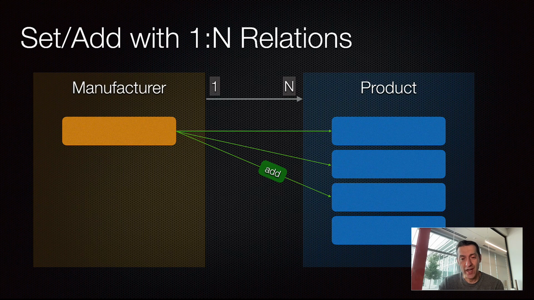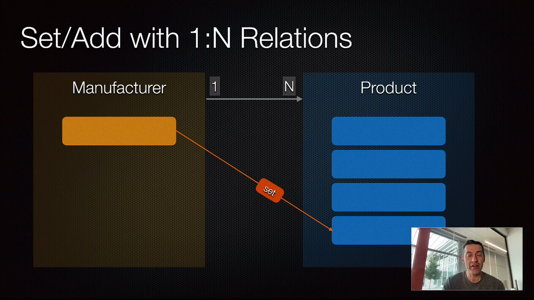Then the other API that we will take a look is the set relation API. So the set relation API technically wipes out the links that you already have in place. And then what happens as a result of setting a relation, all other relationships, they go away. The objects stay there, but the actual linkage between manufacturer and the product, it goes away.